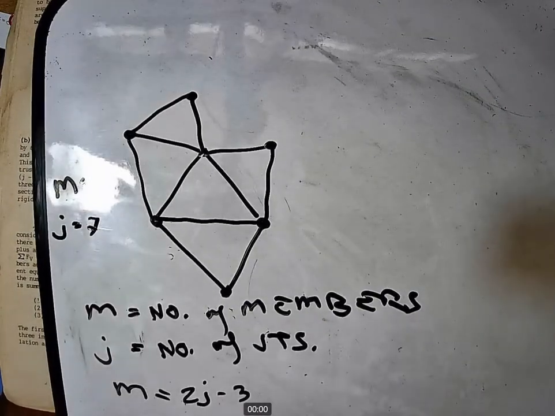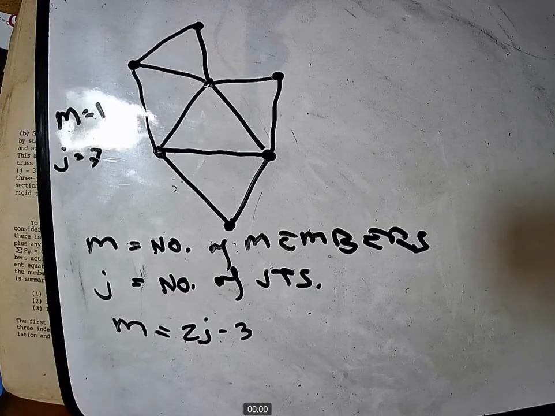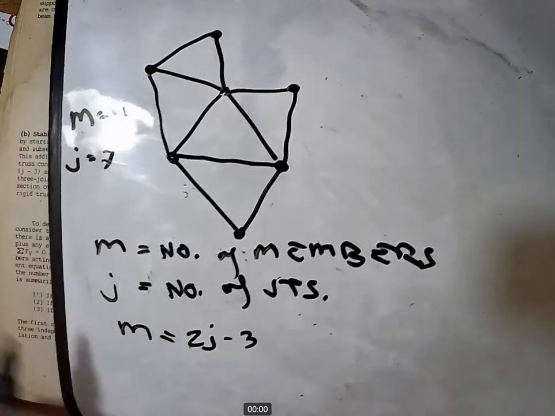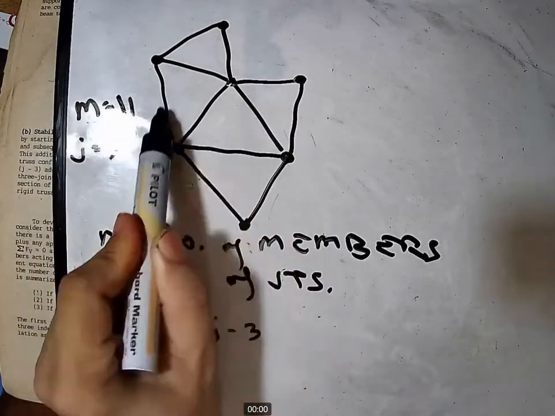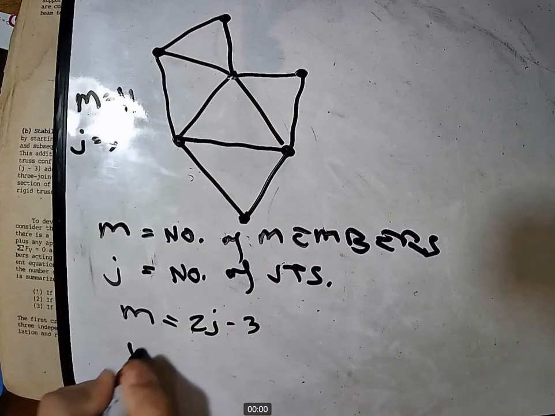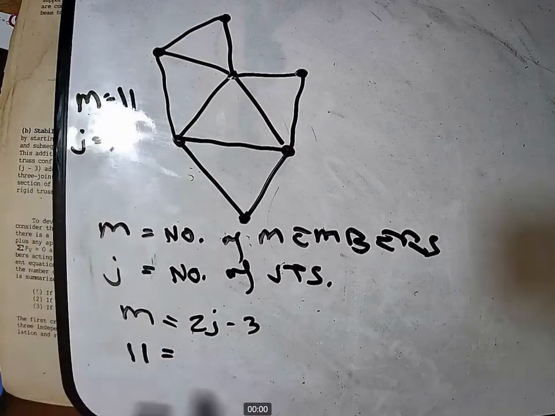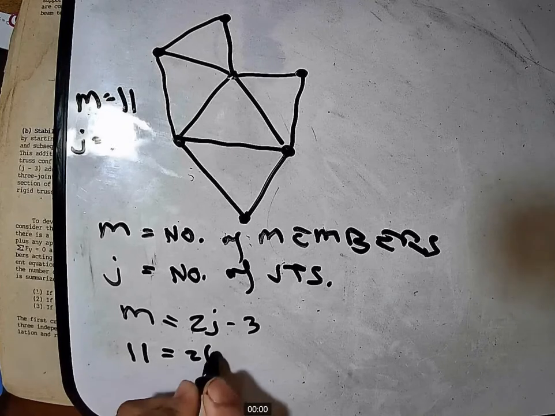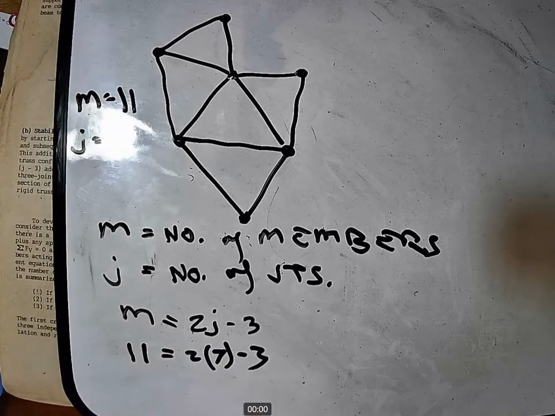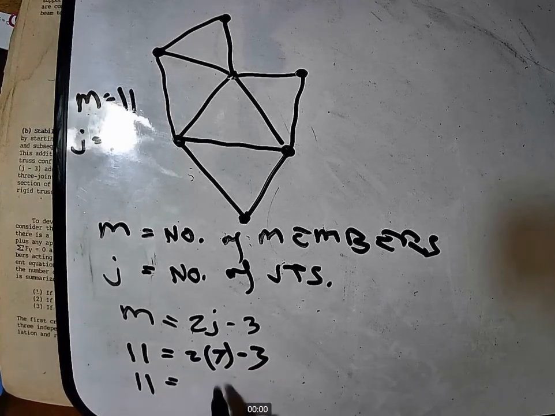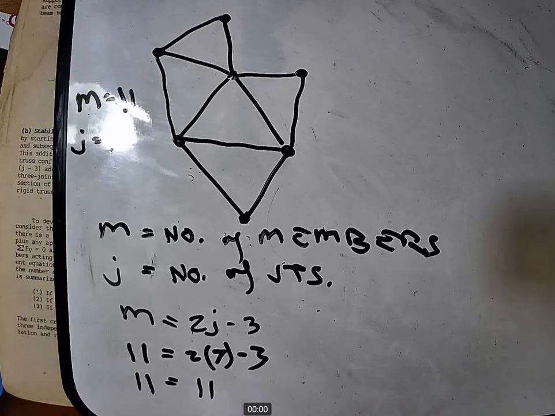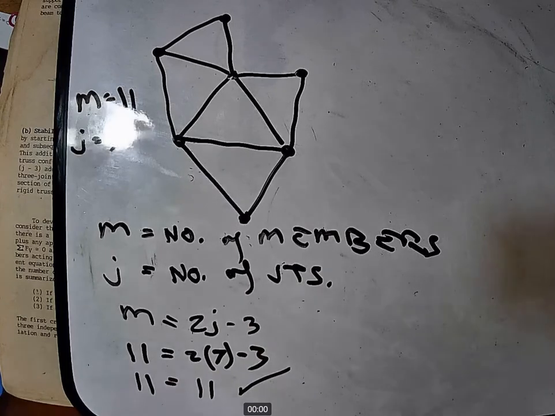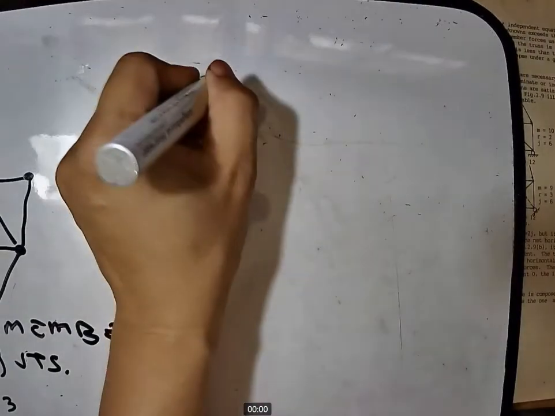Let's check. So, what is the value of M? 11. How many joints? 7. They should be equal. 11 is equal to 14 minus 3 equals 11. So, check ang ating figure na truss. Let's take another example na truss.